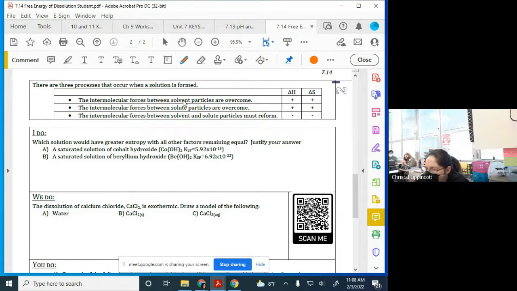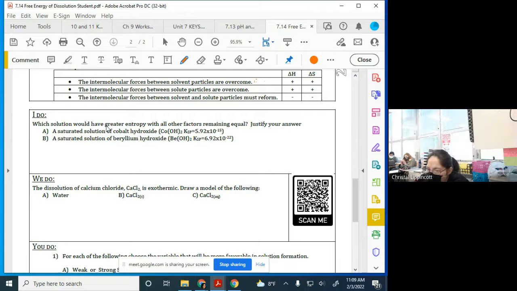When you take solvent particles and break them apart, they worked together, and now that you're breaking them into pieces, it becomes more disordered. So that's an increase in entropy. Same thing with the solute particles. When they come apart, increase in entropy. When they come back together and reform, though, they're becoming more ordered, and that's going to give you a negative value.